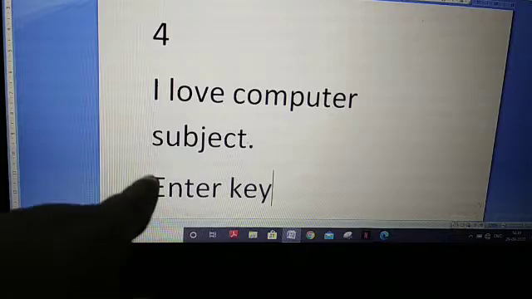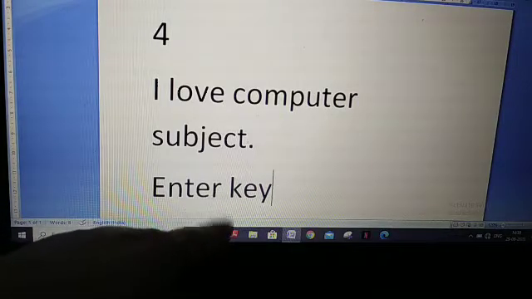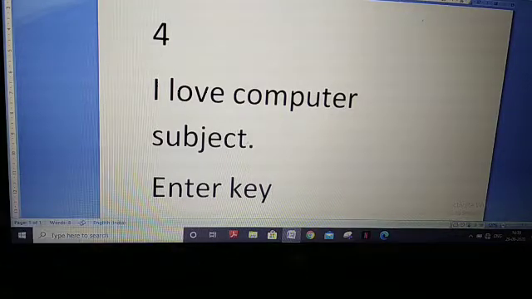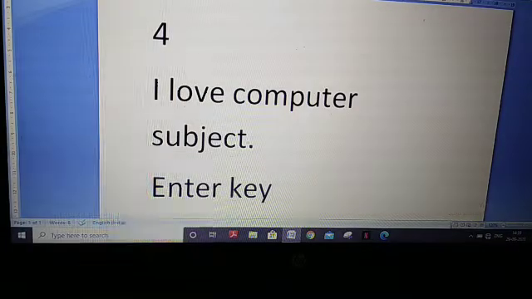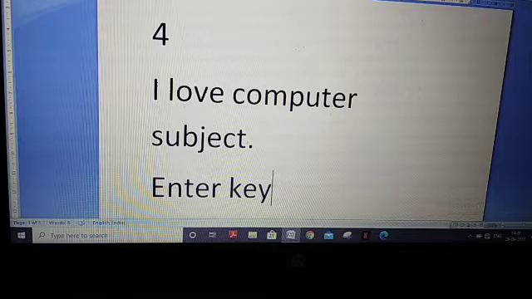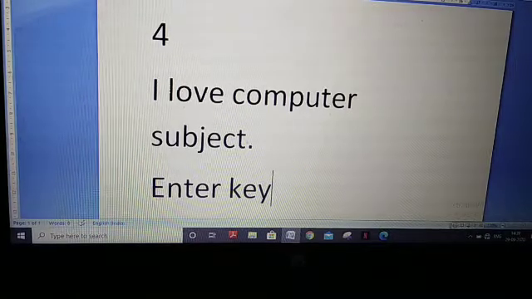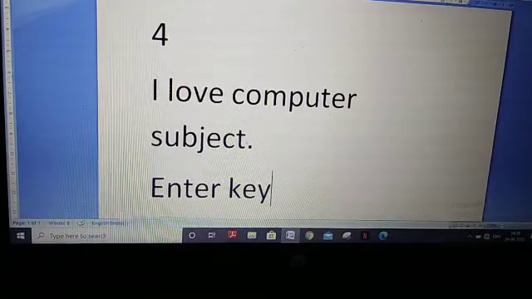So what I did? After writing enter, I pressed the space bar key, and then I wrote key. Enter key. Understood? So the enter key takes the cursor to the next line.